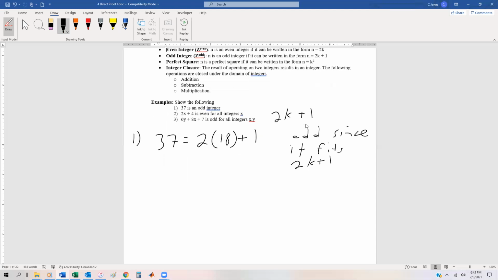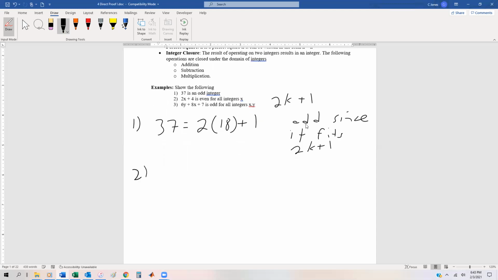Next, 2x plus 4 is even for all integers x. We can factor it to 2 times x plus 2. Remember integer closure: if we add two integers, we get another integer. So this x plus 2 can be written as another integer, let's call it k. So this is the same as 2k, where k is an element of the integers.